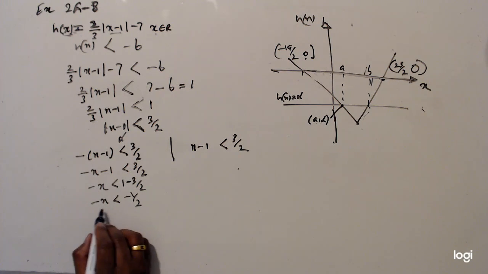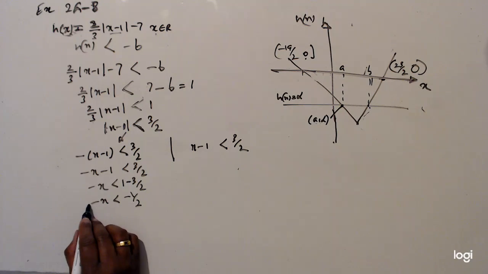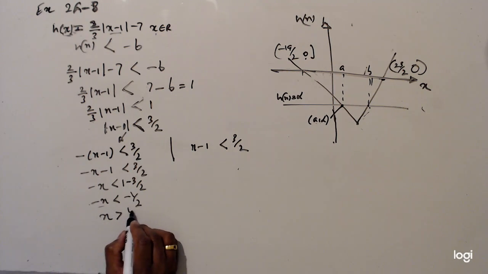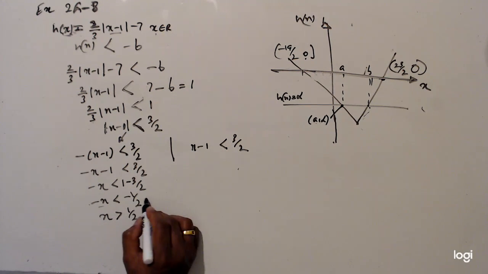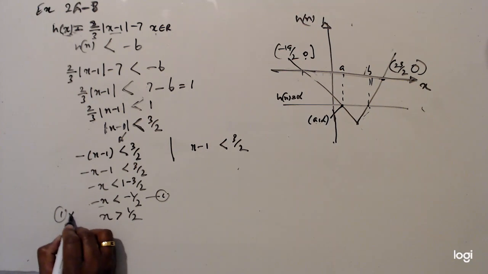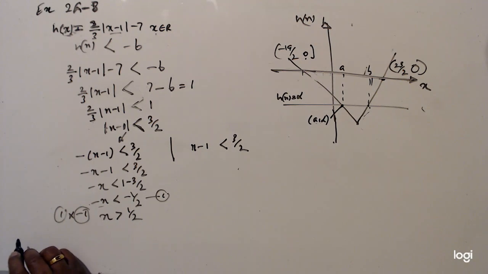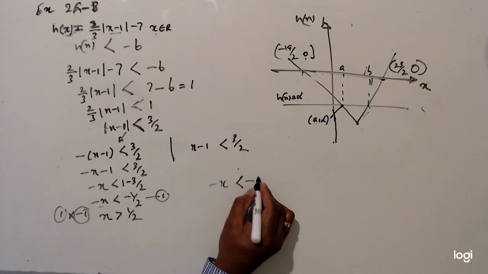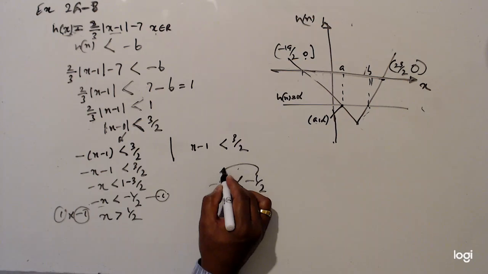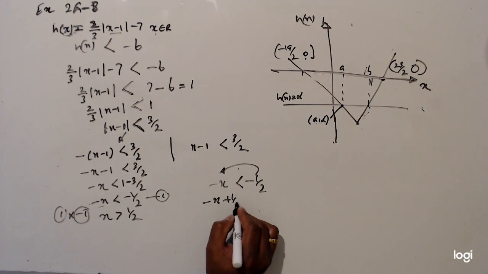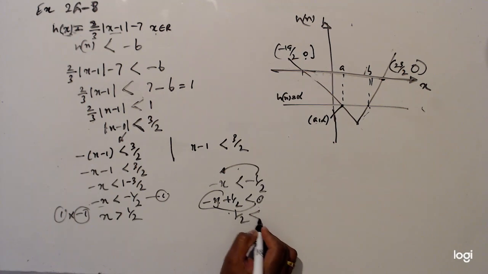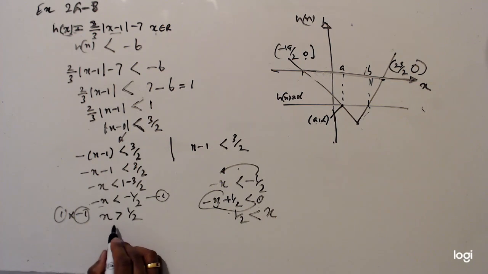I'll multiply by minus 1, so x greater than half. Or if you are not sure, another way of doing it, bring this one to here. So minus x plus half less than 0, and minus x to the other side, half greater than x. So it's still the same thing.